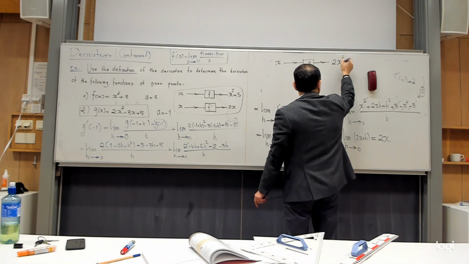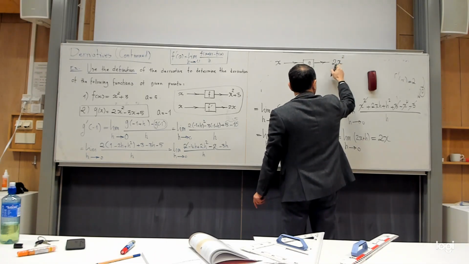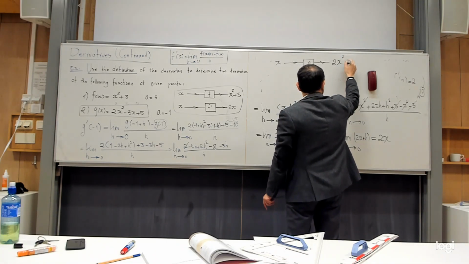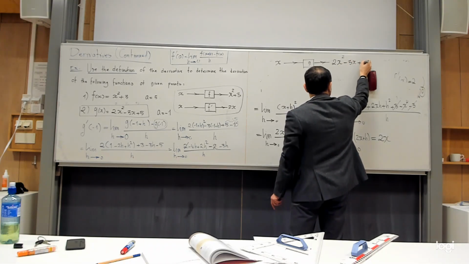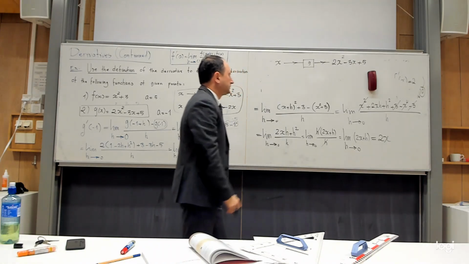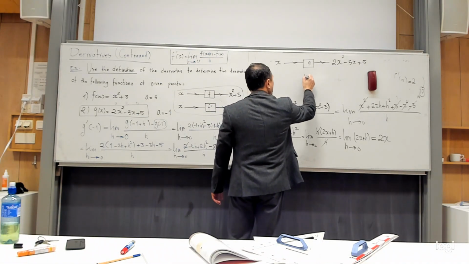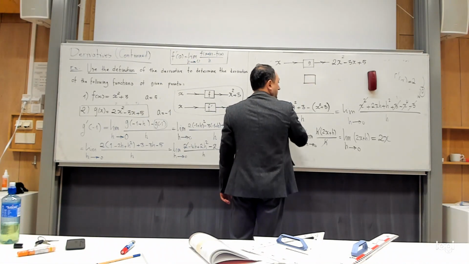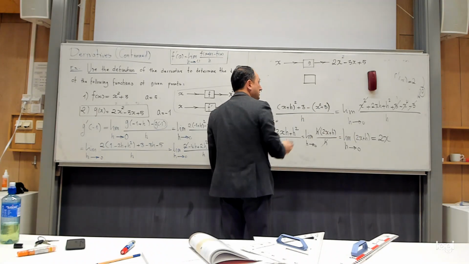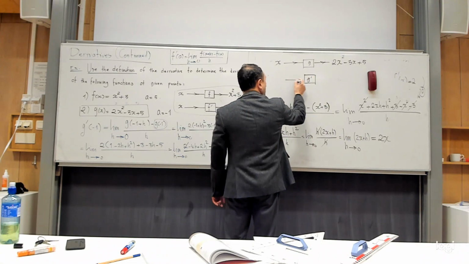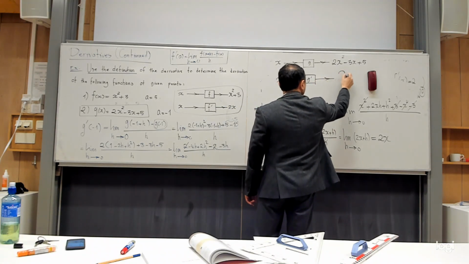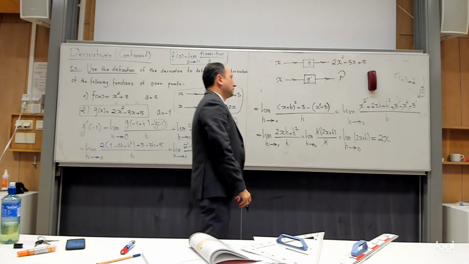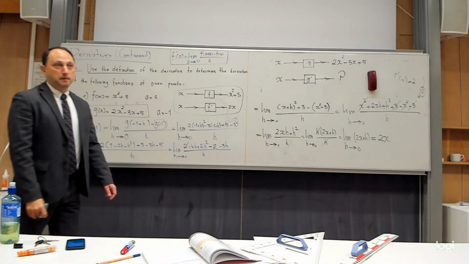It squares it, multiplies it by 2, multiplies it by 3, and then subtracts them, and then adds 5 to it. Yes? Now my question for you is, using this long process, do this one for me and fill up this question mark.